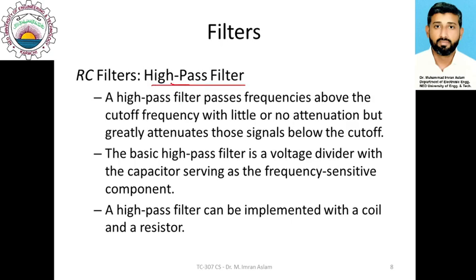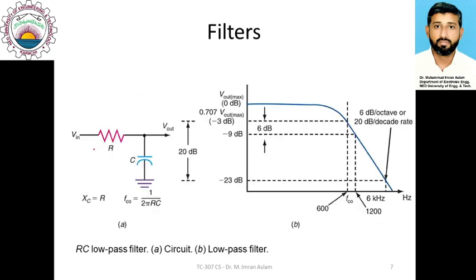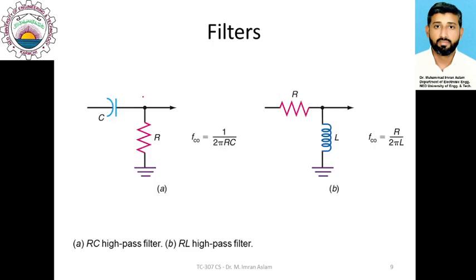Similarly, we can have a high pass filter. A high pass filter can easily be fabricated by this RC circuit. The only thing you need to do is to get the output voltage across the resistance rather than the capacitor. So one simple combination of the high pass RC filter is this one, where this side is the input voltage and this side is the output voltage, Vout.